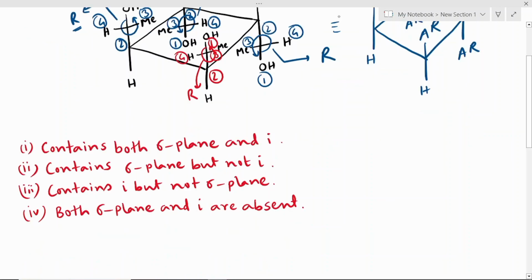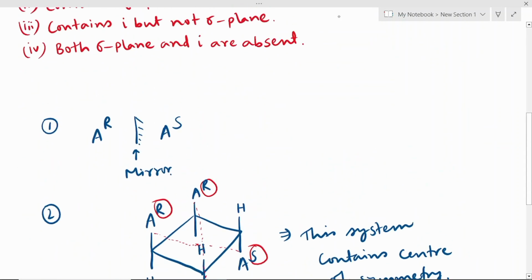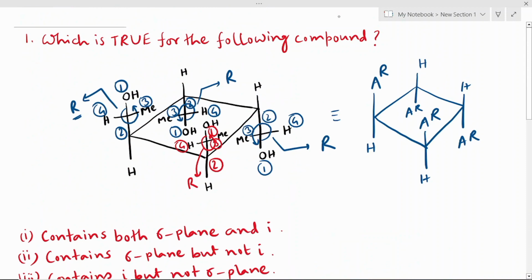So the first criterion tells us that if a reflection operation is carried out, then the absolute configuration of the group will be inverted. If a sigma plane were present, it should be inverted, but we see that the absolute configuration remains the same.